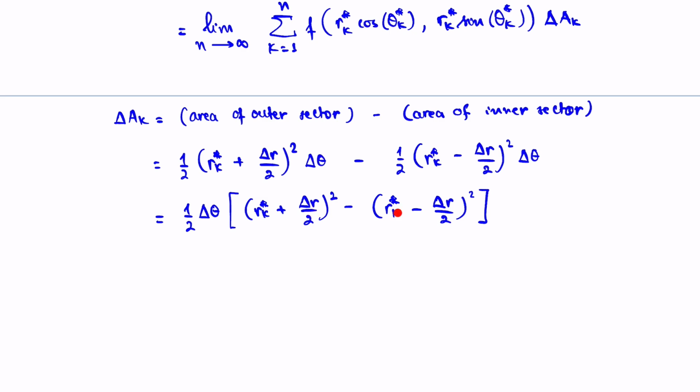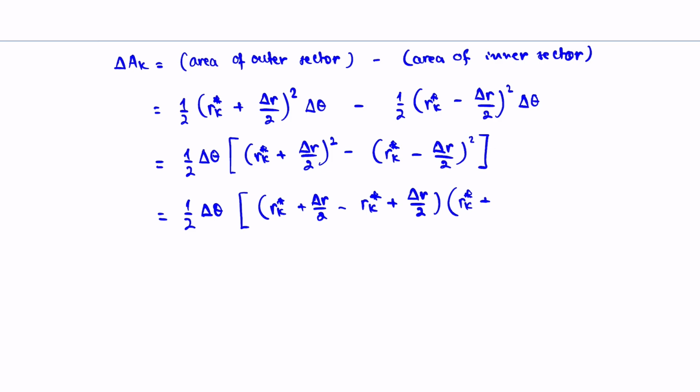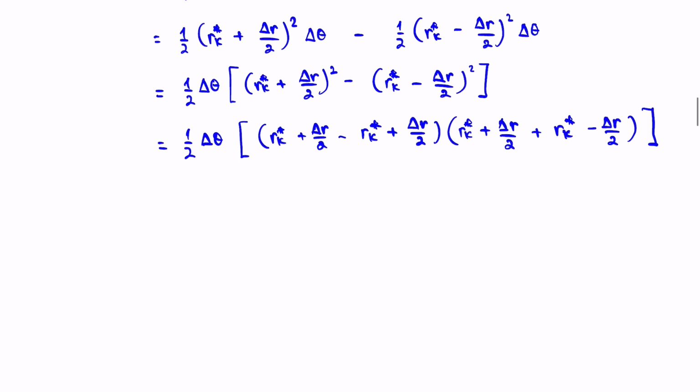This is a difference of two squares, so we evaluate the expressions inside the brackets: r_k star plus delta r over 2 minus r_k star minus delta r over 2, times r_k star plus delta r over 2 plus r_k star minus delta r over 2. Simplifying, the r_k star terms cancel out, and the delta r over 2 terms combine.